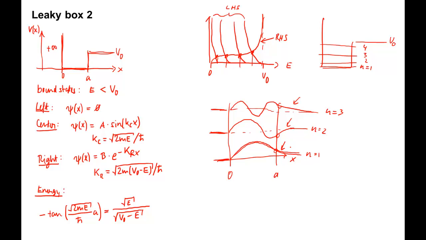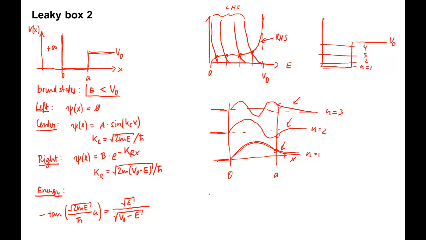It means that there is a finite probability of finding the particle in the right region, even though the particle energy E is smaller than the potential V0 for a bound state. Classically, this would be impossible, since the particle has insufficient energy to overcome the potential energy barrier. For a quantum particle it is possible. It can penetrate into the classically forbidden region.